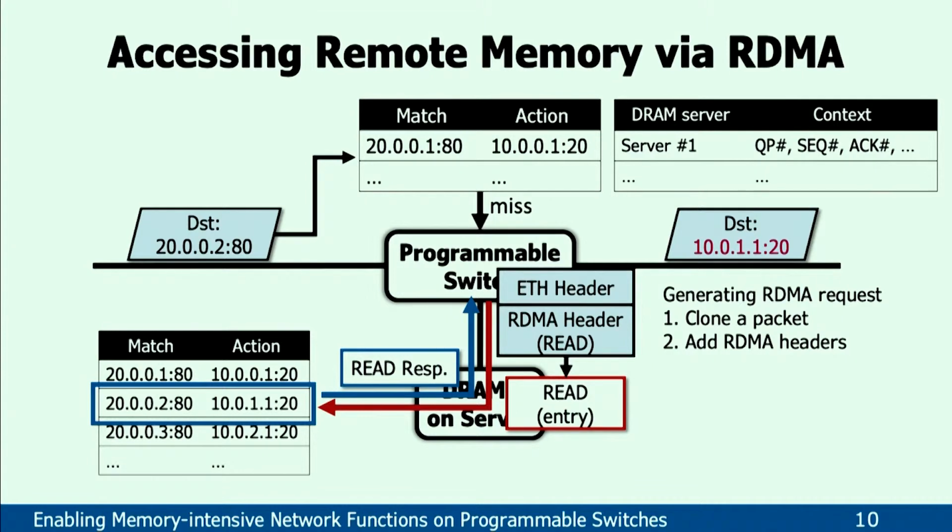Also, to manage the reliable RDMA connection with RDMA remote servers, we let the data plane maintain a minimal set of RDMA connection state, including queue pair number and packet sequence numbers. And the good thing is all these features can be implemented in the P4 language.